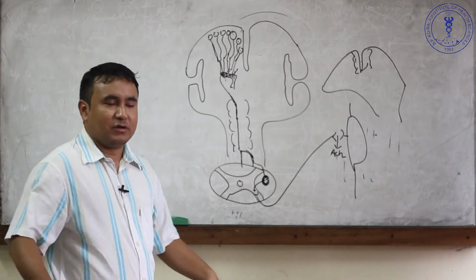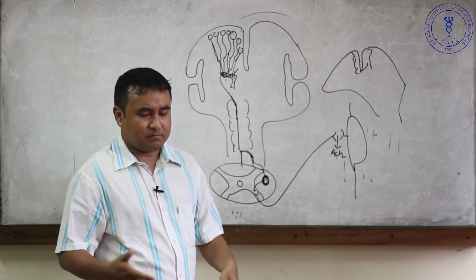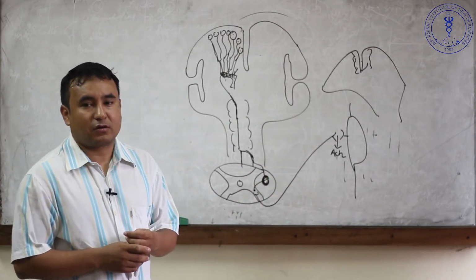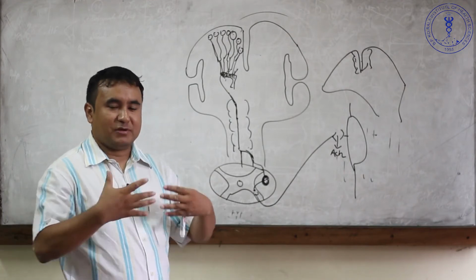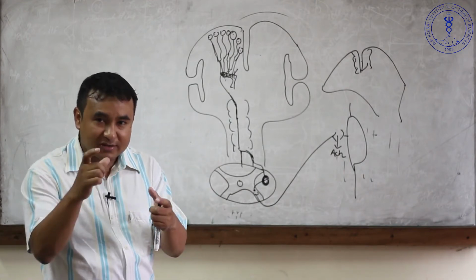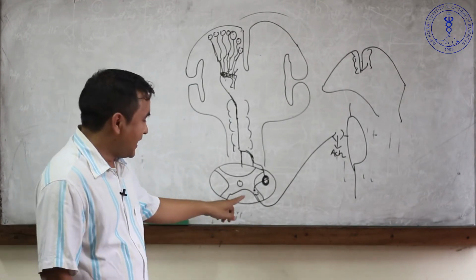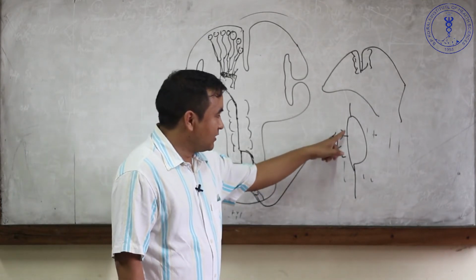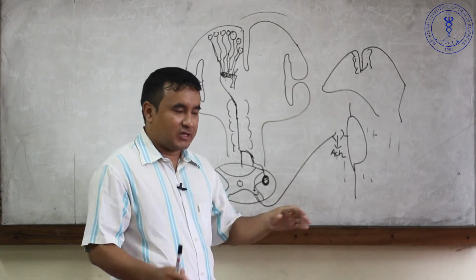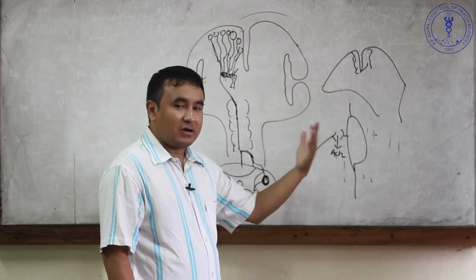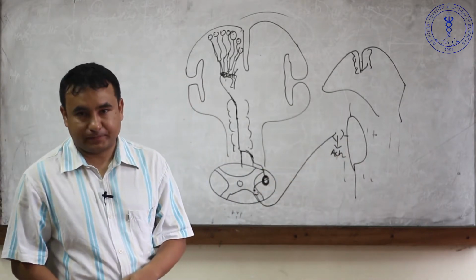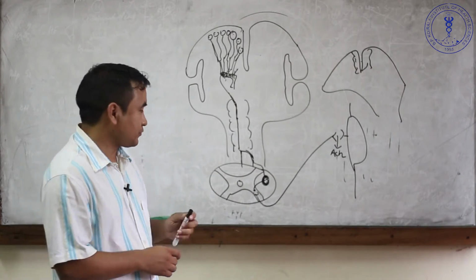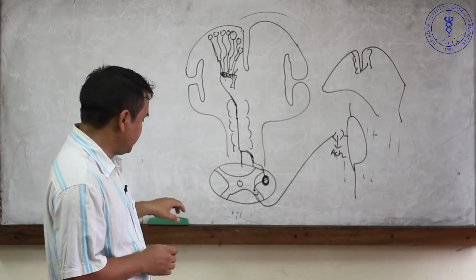Neurons of the lower limb will arise probably from the lumbar region of the spinal cord. Neurons for the abdominal and thoracic region will come from the thoracic region of the spinal cord, and these neurons will make a neuromuscular junction just near the muscles, and ultimately the muscle will contract. So this is the basic neuroanatomy.